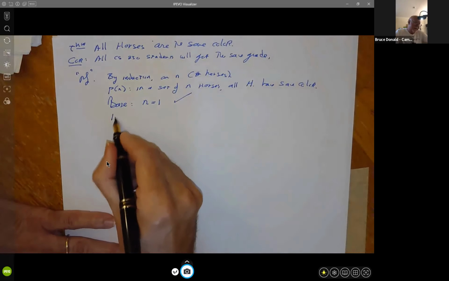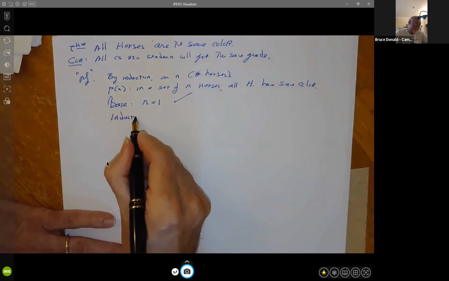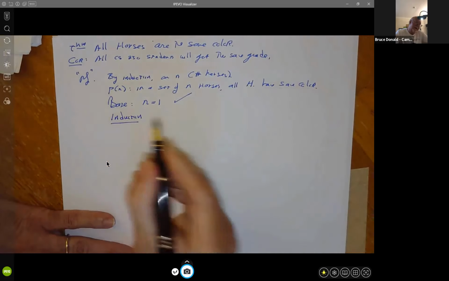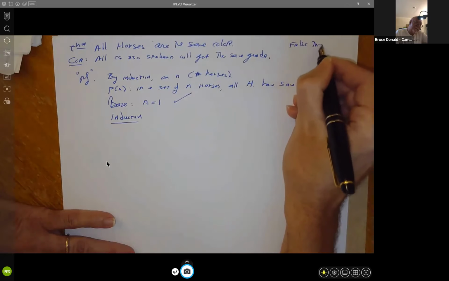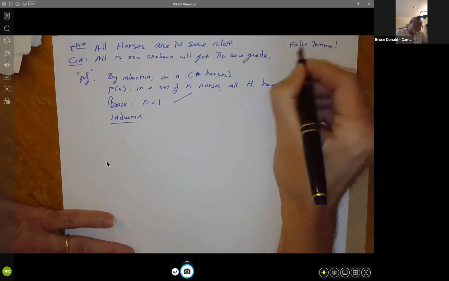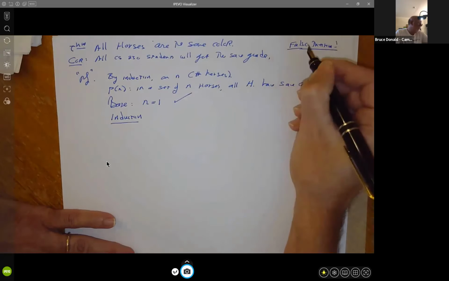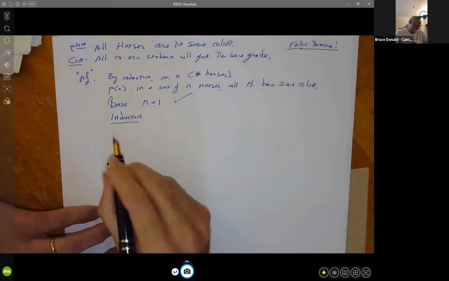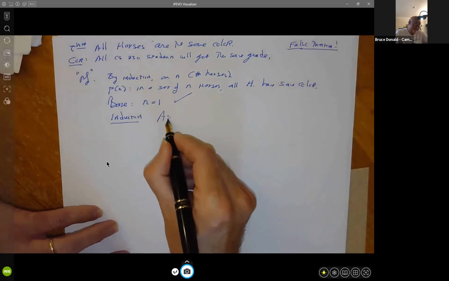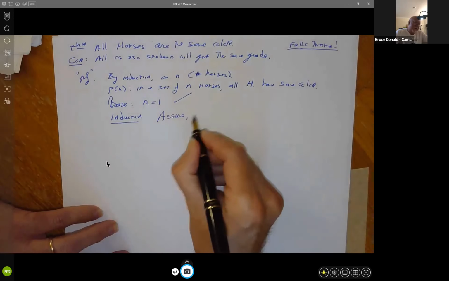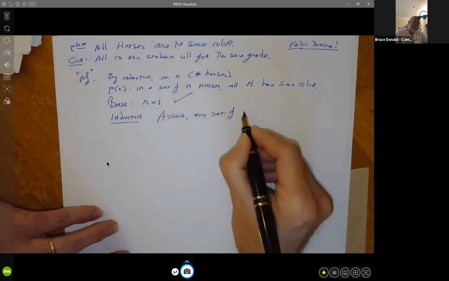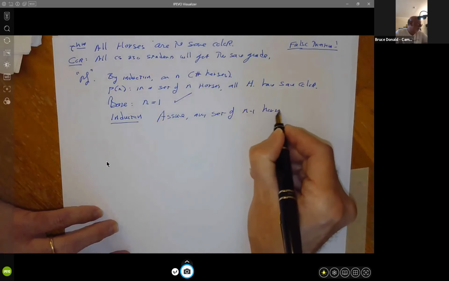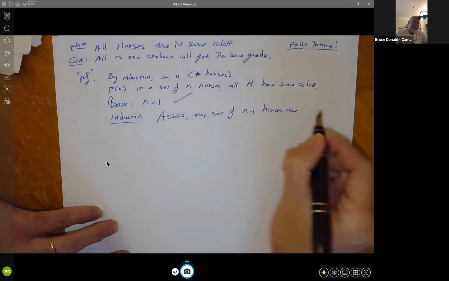Now the induction step. I should say this is a false theorem. So I want to assume any set of n minus 1 horses are the same color.